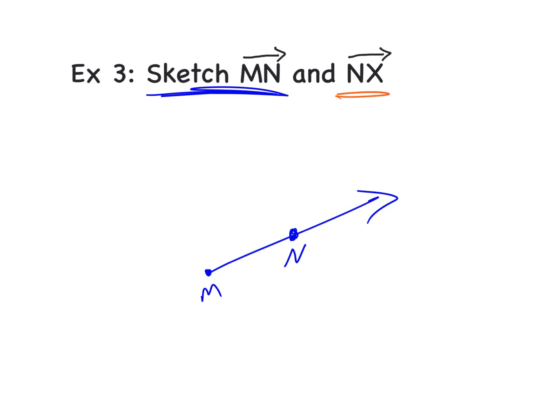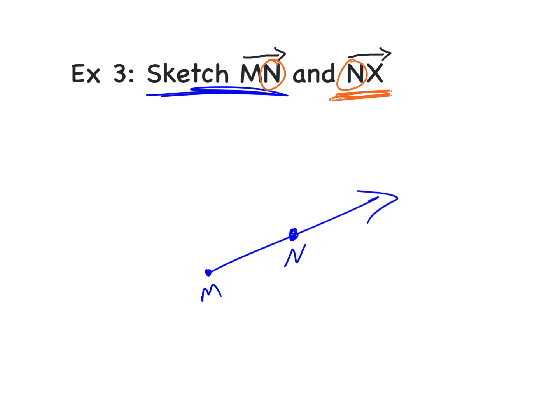Now I need to sketch ray NX. Do you notice anything different from this one, from the last one? Perfect. They both have N in it, right? They share a common letter. If they ever have a common point, they have to touch at that point.